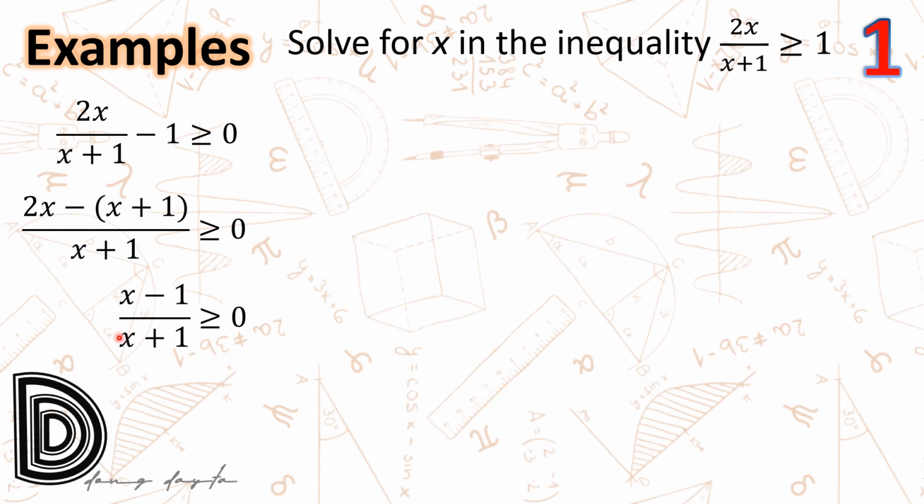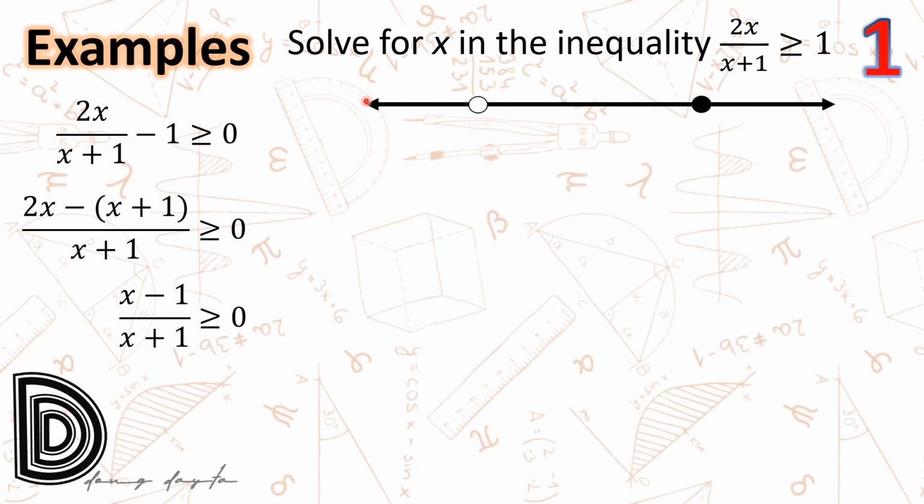Now, looking at the rational expression on the left-hand side, a positive 1 will make the rational expression 0, while a negative 1 will make the rational expression undefined. Therefore, in the number line, we're going to mark negative 1 and positive 1.